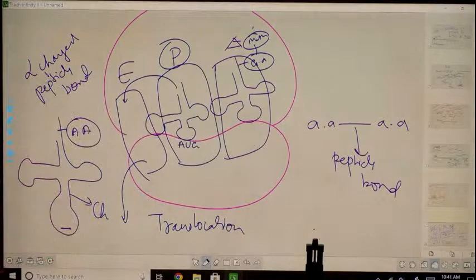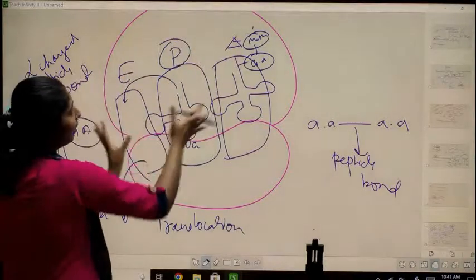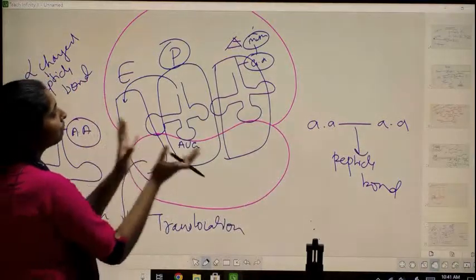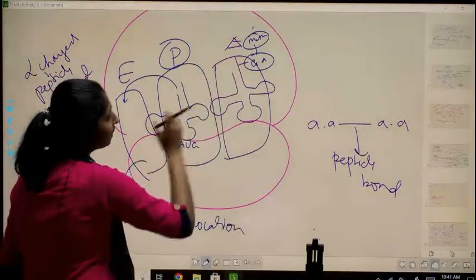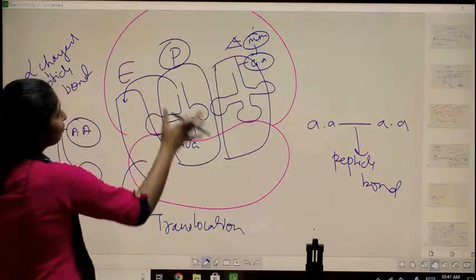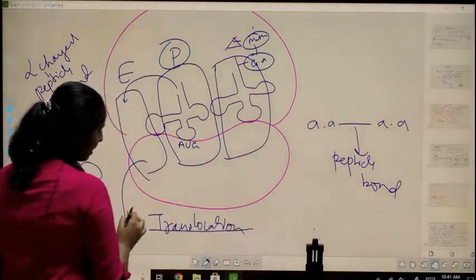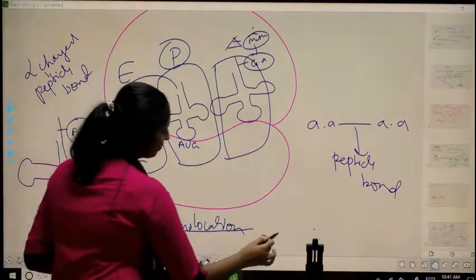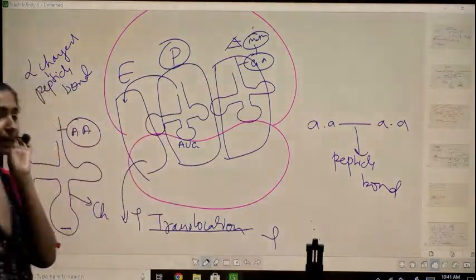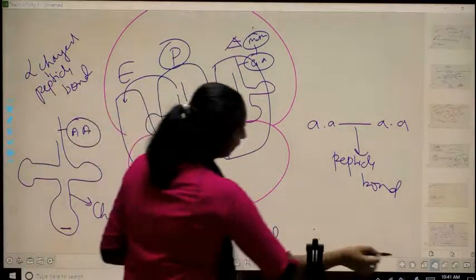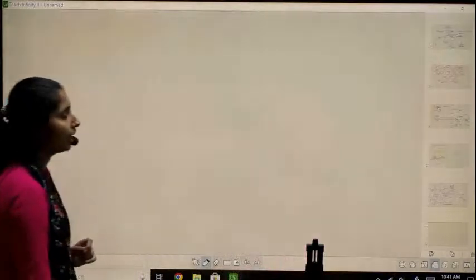The P site moves to the E site. So translocation is there. Another property of ribosomes is that they can form peptide bonds. So ribosomes can translocate and they can form peptide bonds.